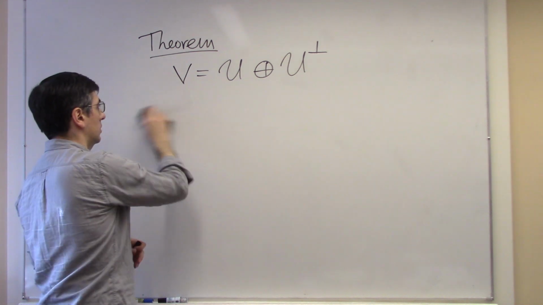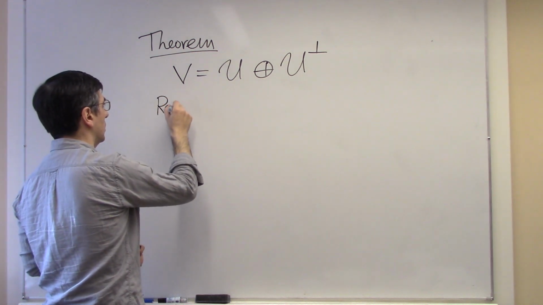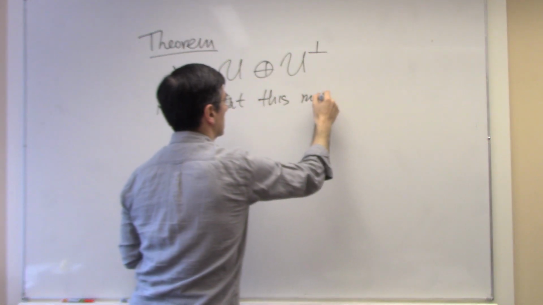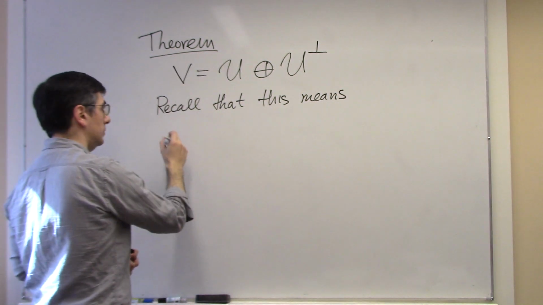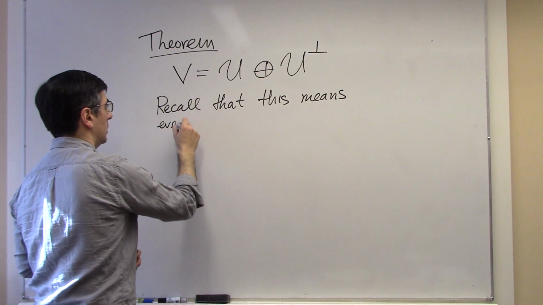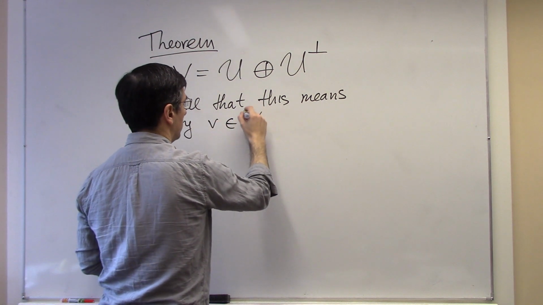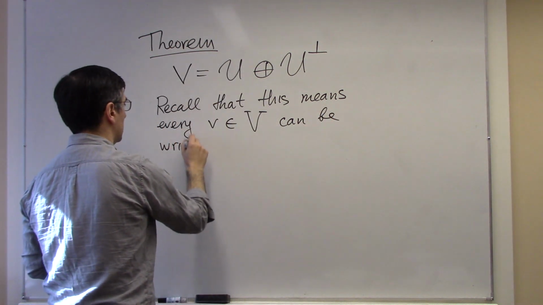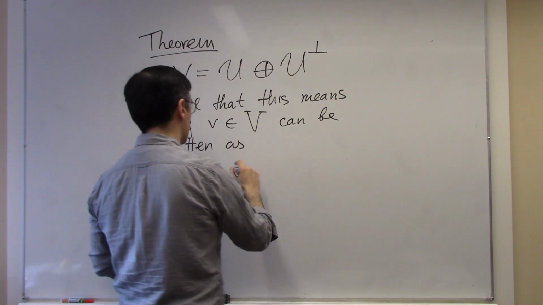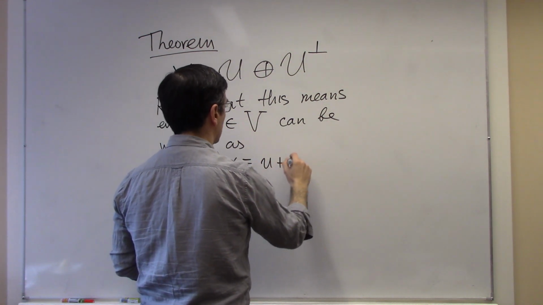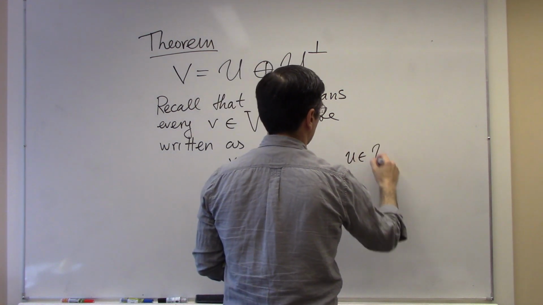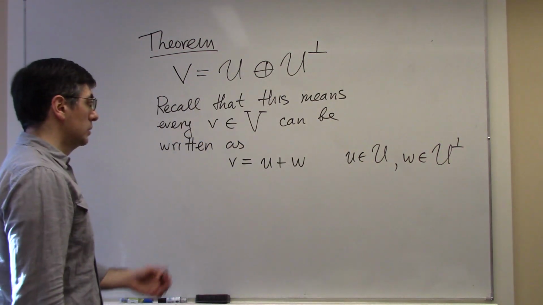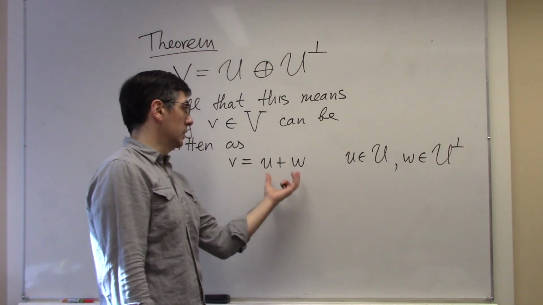Recall that this means every vector in V can be written as v equal u plus w, where u is in U and w is in the orthogonal complement. And moreover, it can be written uniquely in this form.